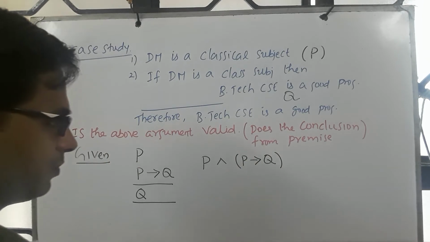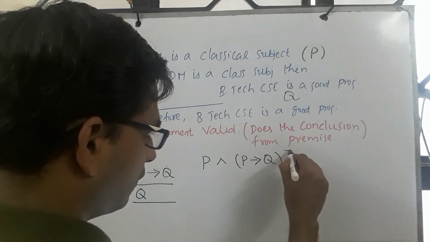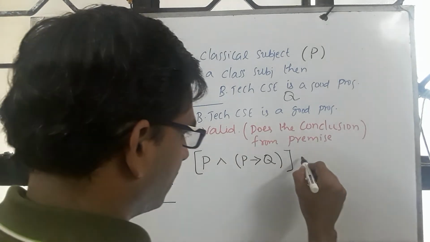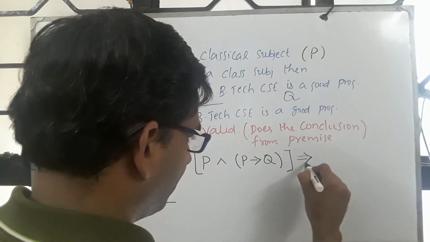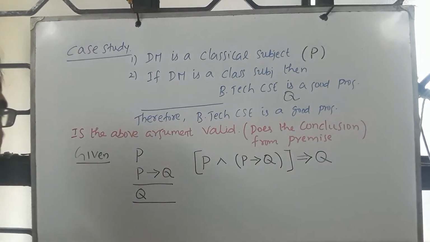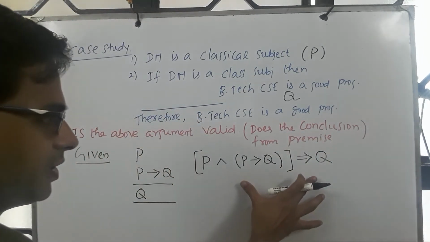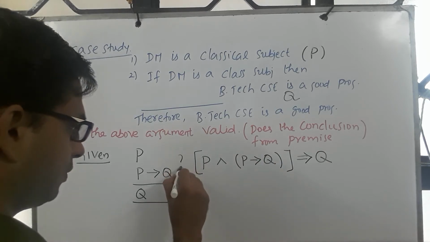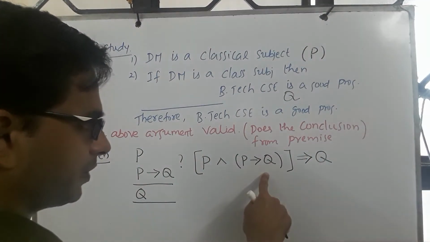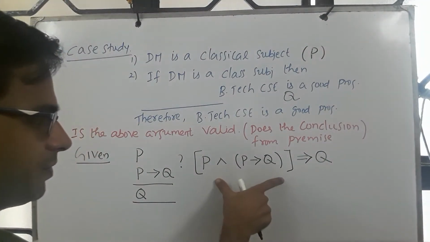Then we want to know therefore. Therefore is precisely whether this implies Q. Okay, this is our question. Given P and P implies Q, does Q follow from this?